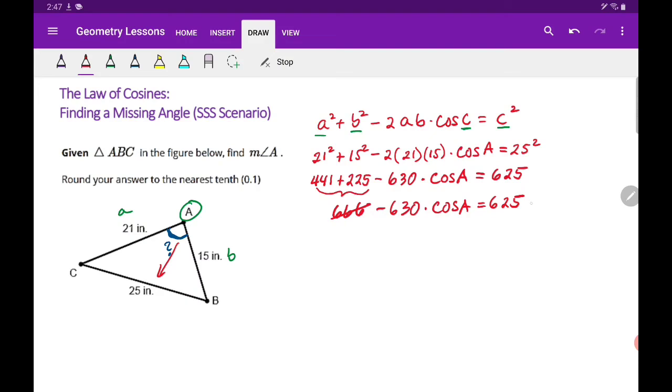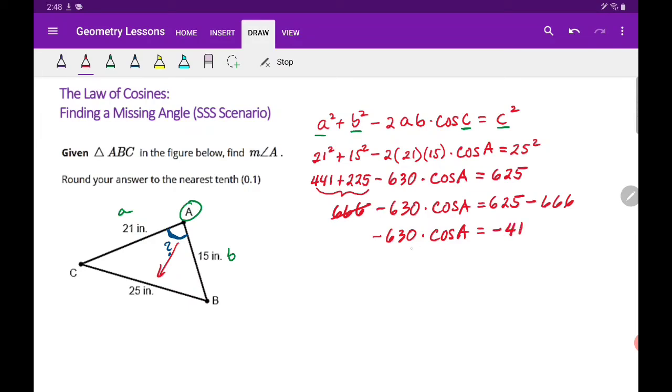Let's get rid of that as fast as we can. It's going to be negative 630 times cosine A is equal to 625 minus 666, which is negative 41.